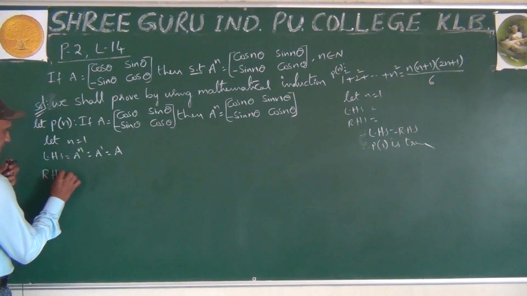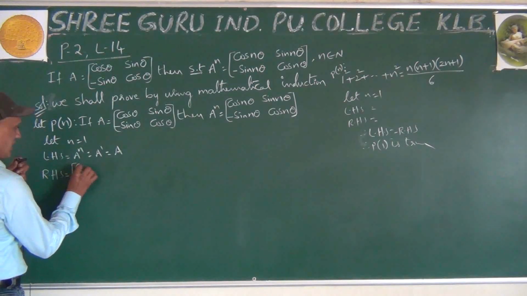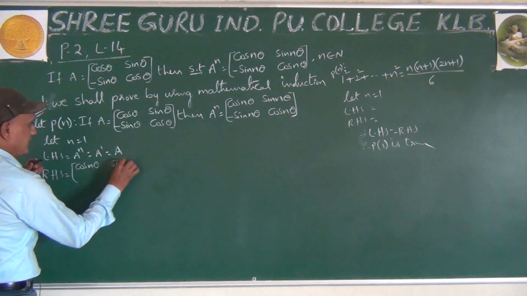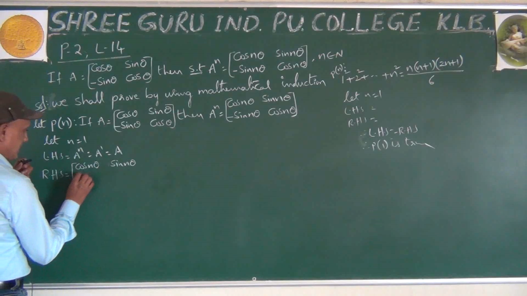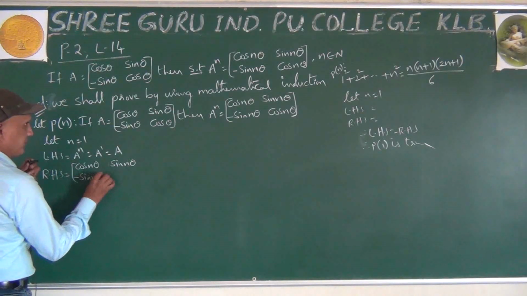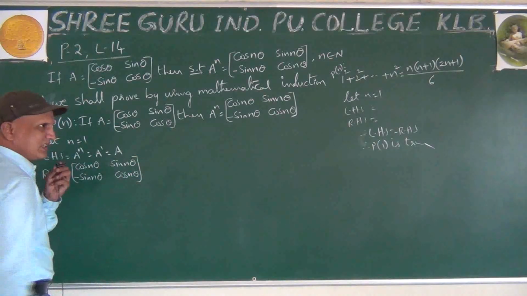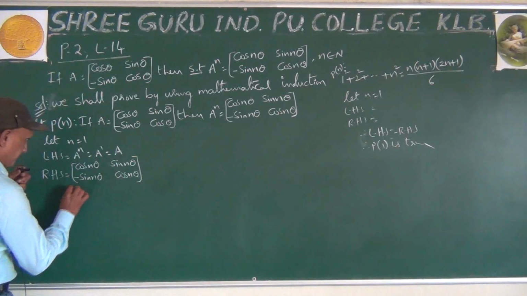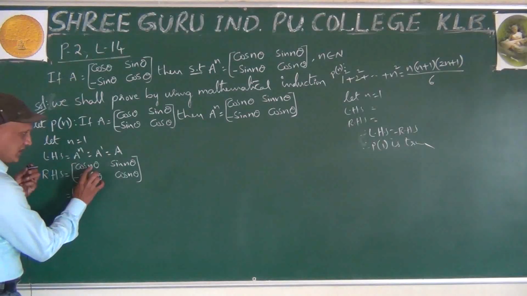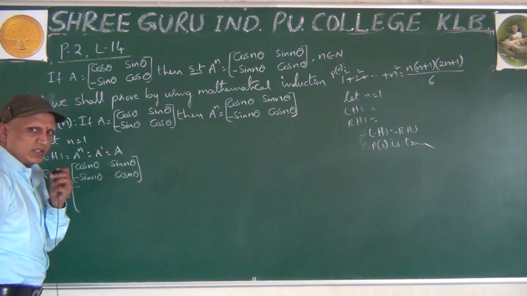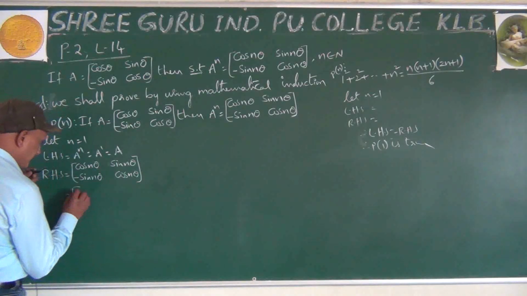Next RHS, what is RHS? Cos n theta sin n theta minus sin n theta cos n theta. In place of n put 1, 1 theta is nothing but theta.